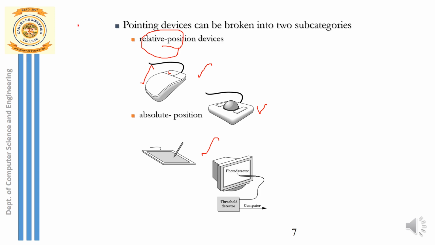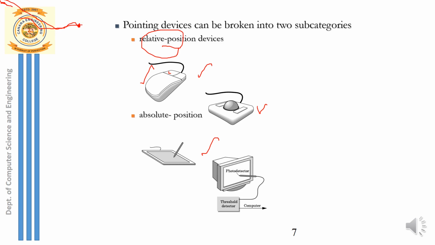When I click on this position, the value is returned to me. What is that value? The XY coordinate. And by taking what value as reference is this XY coordinate returned? It is with respect to the origin. Which is the origin? The top left corner. So with respect to the origin, this XY coordinate position is returned to the user. So I call that a relative position.